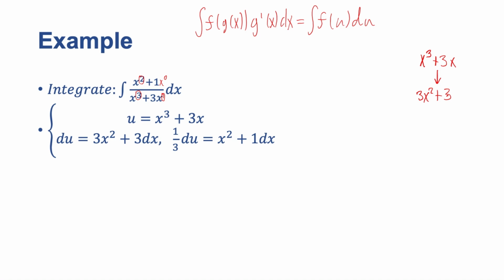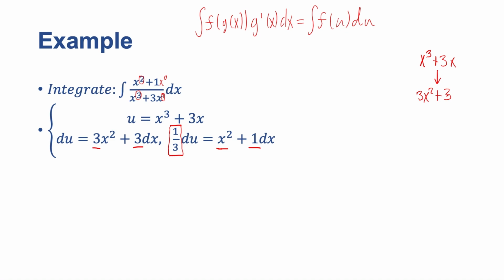So to do that, we notice we have a 3 there, and then we have two constants of 1 there, or multiples of 1 there. So if we multiply du by 1/3, then we're going to get x squared plus 1. So now we know the constant we should put at the beginning of our integral. It's going to be 1/3.